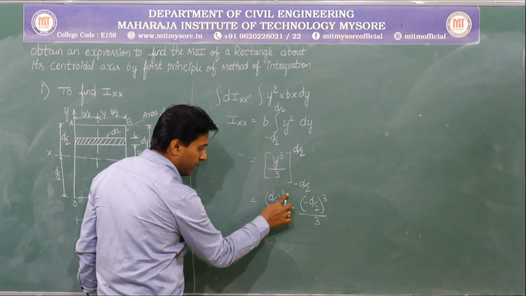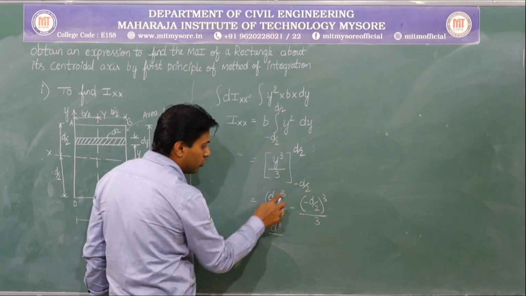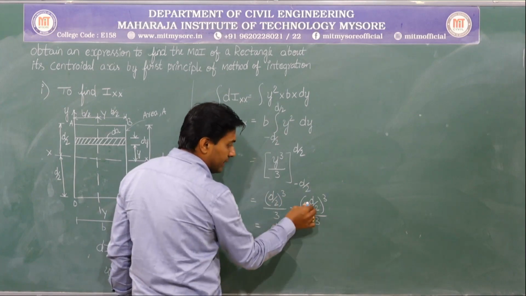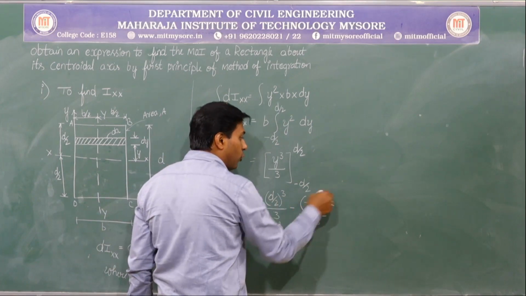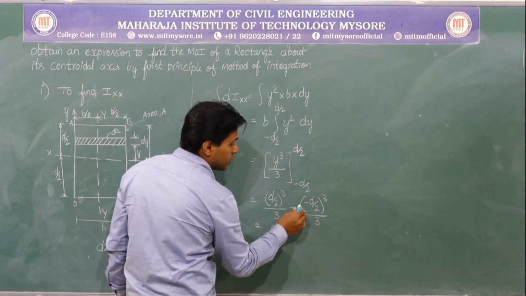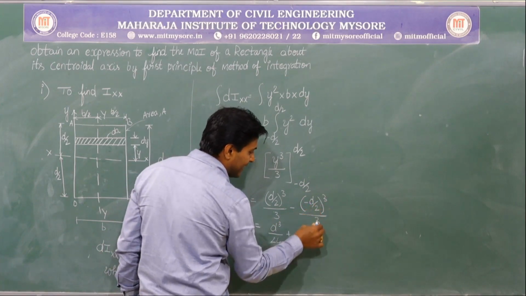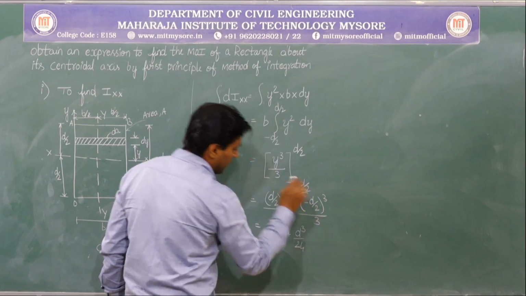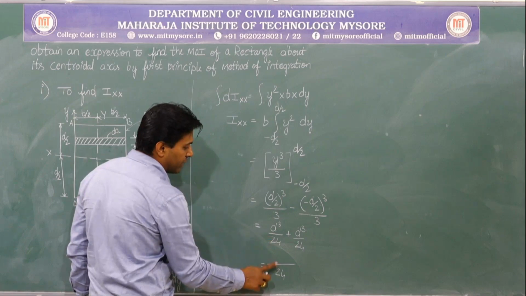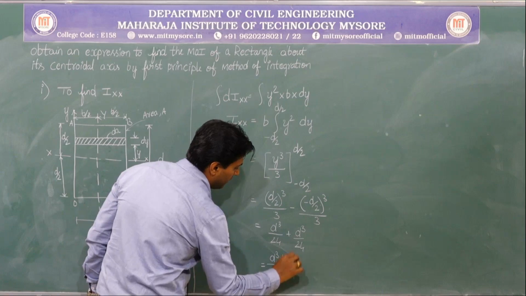So it is d cube by 8, 8 threes are 24, and minus into minus becomes plus, again d cube by 24. Taking 24 as the LCM, it is d cube plus another d cube.